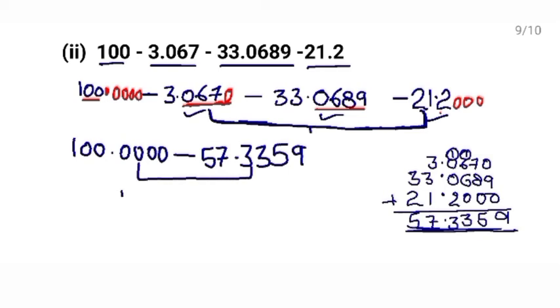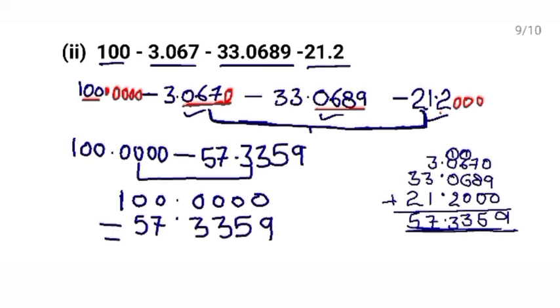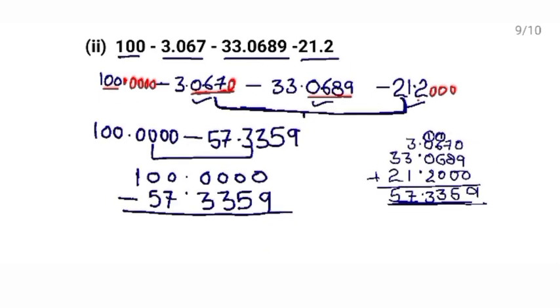Subtract these 2 numbers. 100.0000, decimal point, before decimal 57, after decimal 3359. Subtract them. 0 minus 9 not possible.